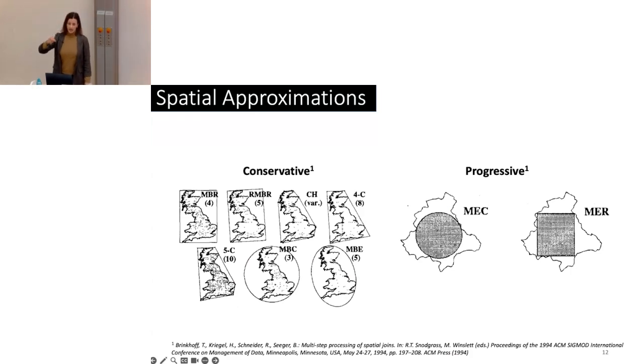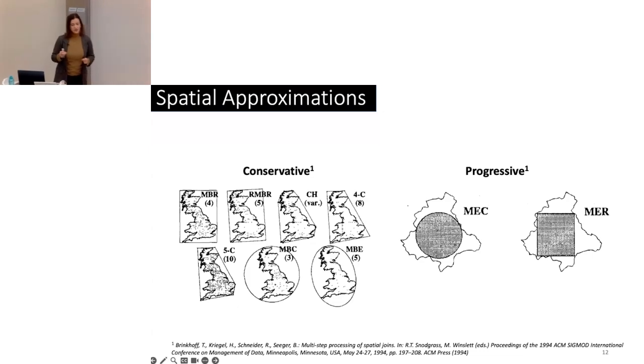But if we look a little bit deeper into what kinds of approximations we can use for filtering in this first filter step, we can classify them into two big classes. On one side, we have conservative approximations. The characteristic of those approximations is that they completely contain the original geometry. The minimum bounding rectangle that I just showed you in the previous example is the most common approximation, the one that's used almost everywhere. But there are other alternatives.